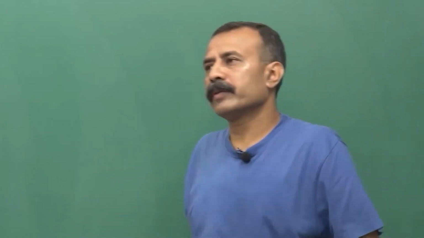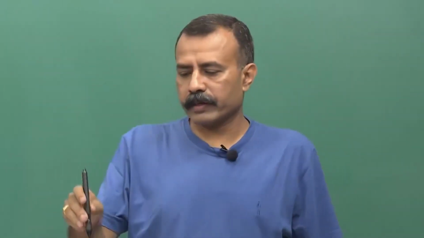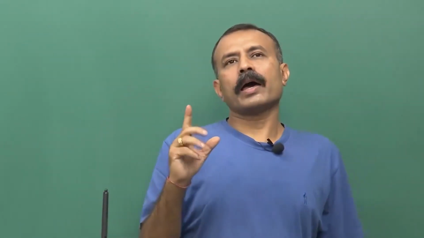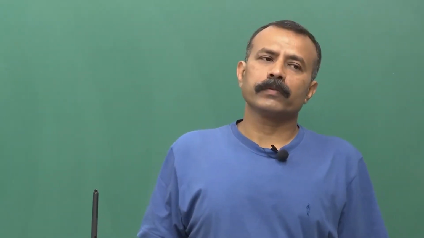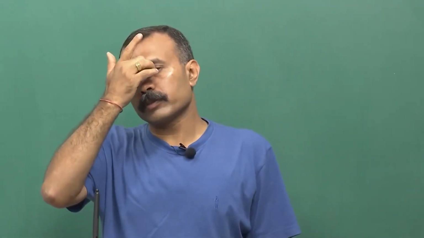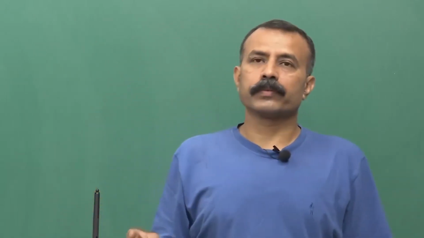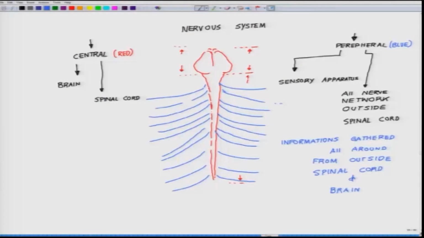Not clear to you, right? So, let us clarify that. Suppose I have to process an information. The information from that XYZ part of the body will be carried to its processing unit, which is out here, either to the spinal cord or to the brain, which are both part of the central nervous system.